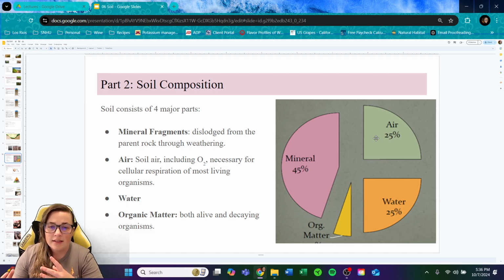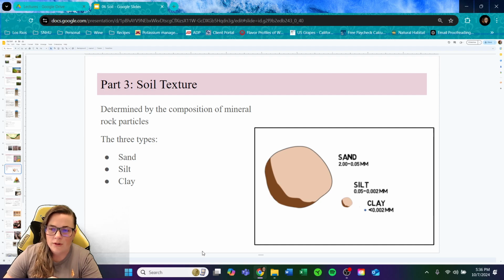This is very necessary for cellular respiration of most living organisms, so absolutely necessary for the health of soil. Then we have water, which is about 25%, and then organic matter, so both alive and decaying organisms. Those are all very important.